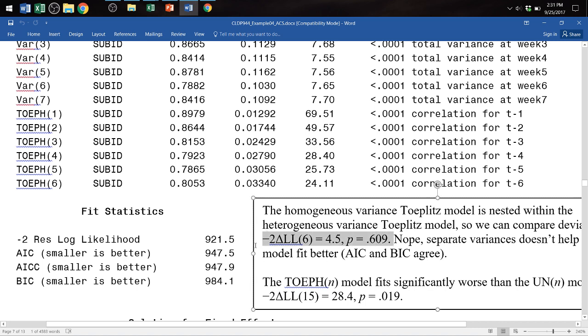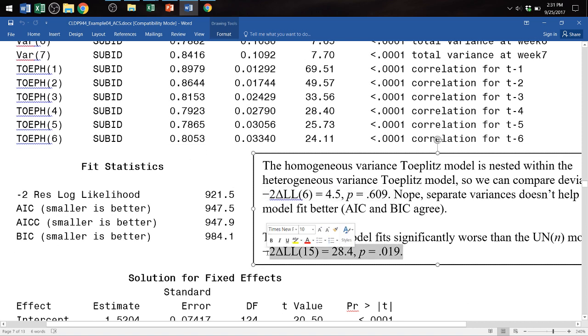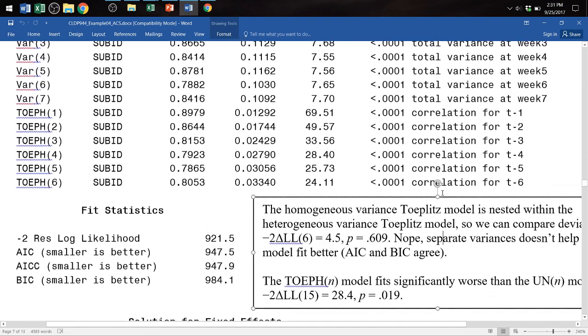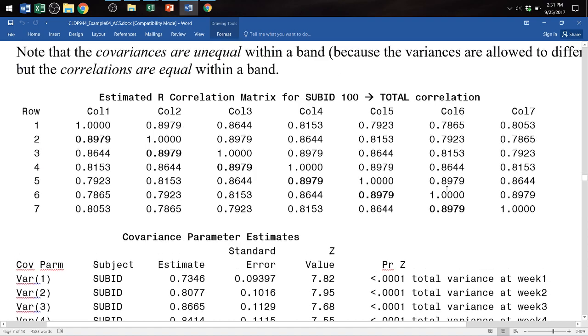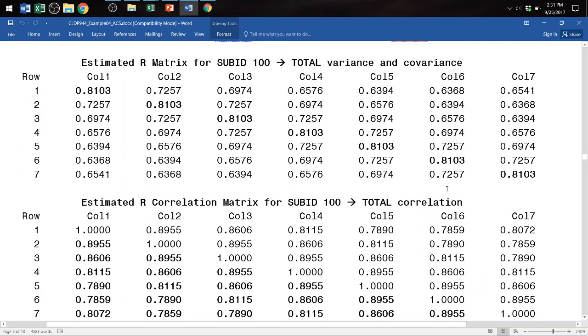That didn't actually help. And so that drags down my overall fit comparison, so it definitely is worse than unstructured. So it looks like then this is where the story would end with the traditional approach to these patterns, TOEPlets.